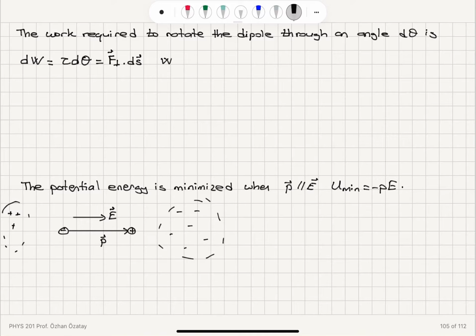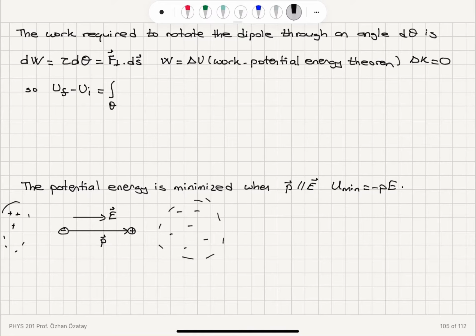And the total work done will be equal to the change in potential energy using the work potential energy theorem, because we're talking about stationary charges here. The change in kinetic energy is 0. So if I calculate the final potential energy minus initial potential energy, it's the integral from initial angle theta to final angle theta, torque d theta.